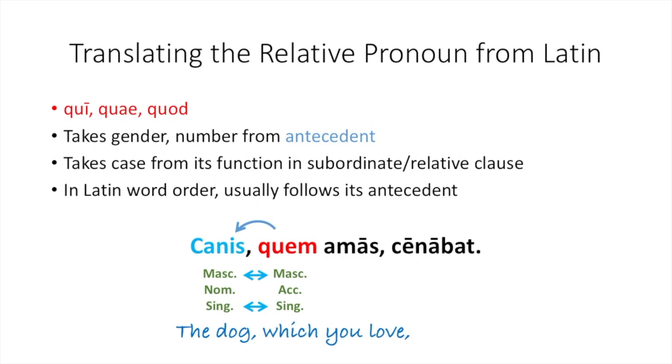Then we only have one word left, canebat, which returns us to the main clause. So: the dog which you love was eating dinner. Once you finish taking notes, we can move on to our next example.